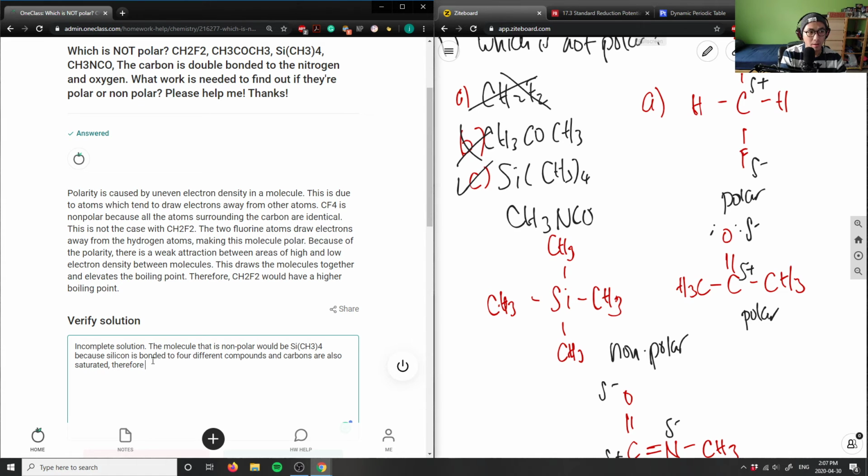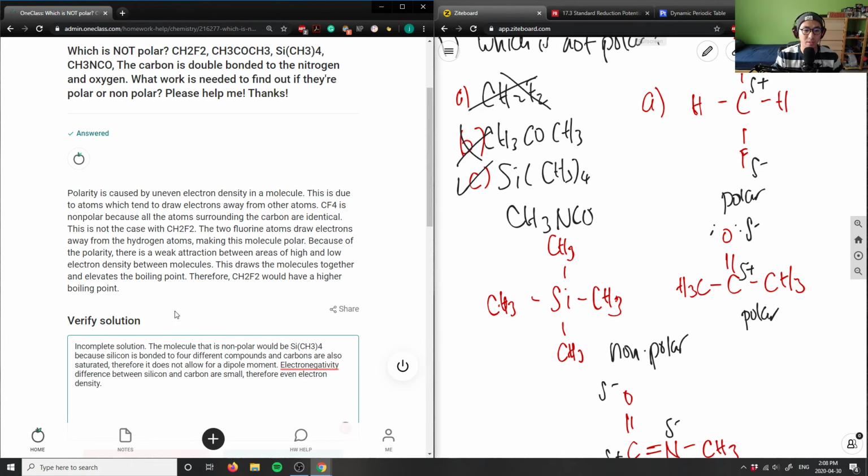Therefore it does not allow for a dipole moment. The electronegativity difference between silicon and carbon is small, therefore even electron density, I'll say.